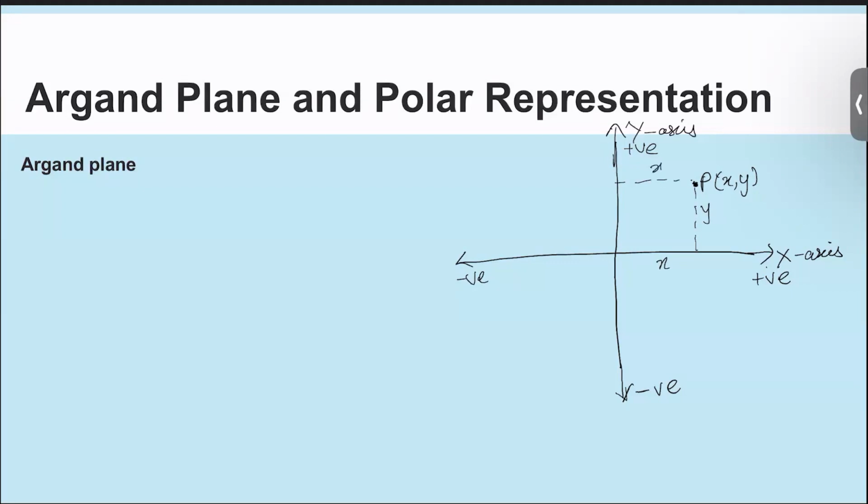This is your origin, 0, 0. Usually O is your 0, 0. As you can see, this x and y are a pair of real numbers. Any point P, x comma y, is a pair of real numbers.